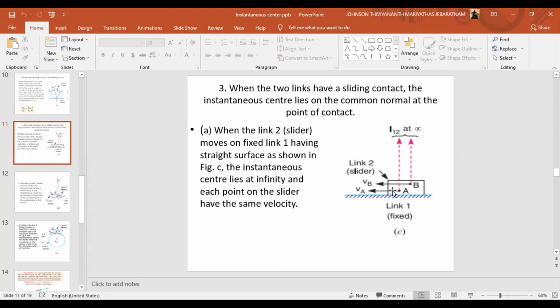So whatever point you take in this slider, A, B, somewhere here C, D, E, any point will have the same velocity. So for a slider, the velocity of any point on the slider will be equal. So this is another type of instantaneous center.